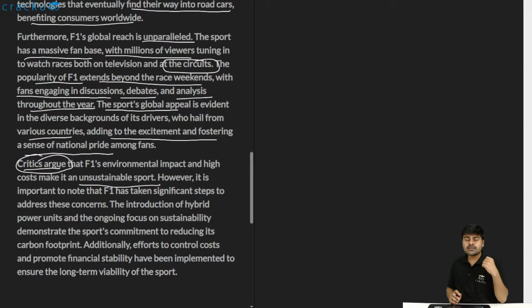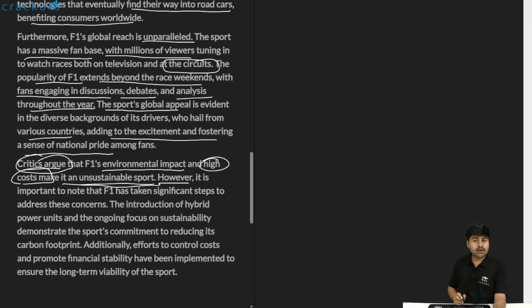And if they are so overpowered, they must be using a lot of fuel, which means they are contributing towards carbon emissions. And the cost should be high as well, because again, we are talking about cutting edge technology. This is what makes F1 an unsustainable sport, something that cannot hold for too long in the future.